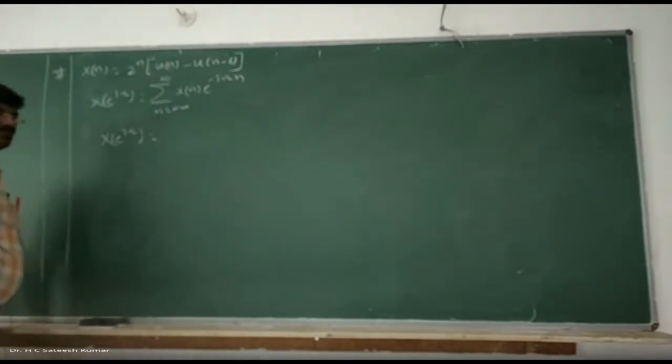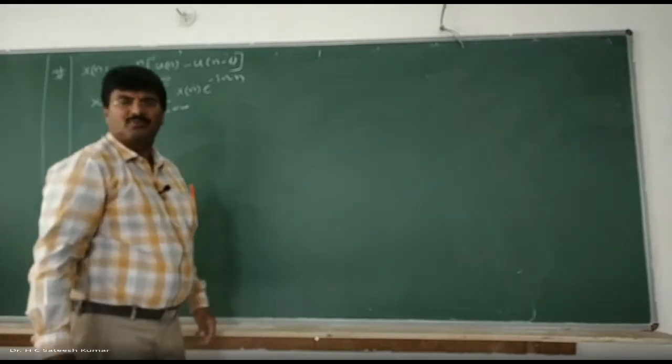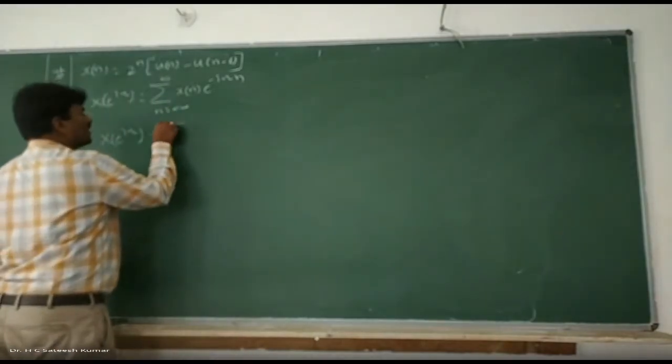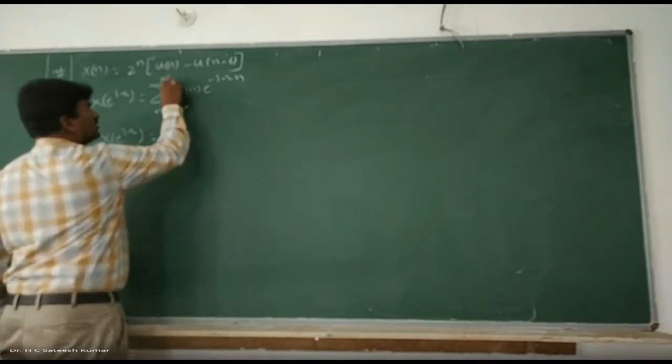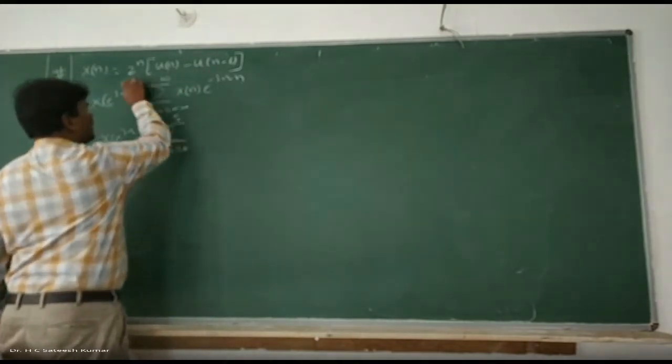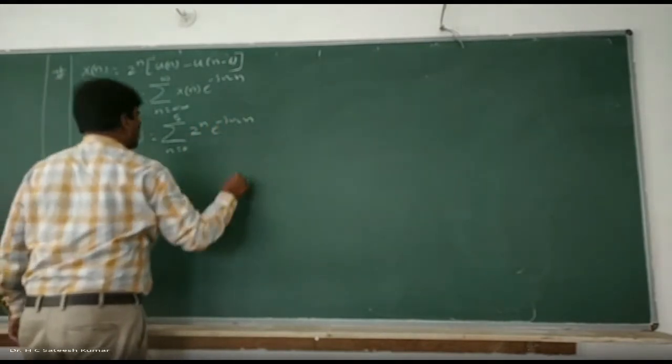Out of that 0 to infinity, we are subtracting 6 to infinity, so we are left with 0 to 5. Therefore, summation n varies from 0 to 5. For 0 to 5, this value is 1, and we have 2 to the power of n into e to the power of minus j omega n.